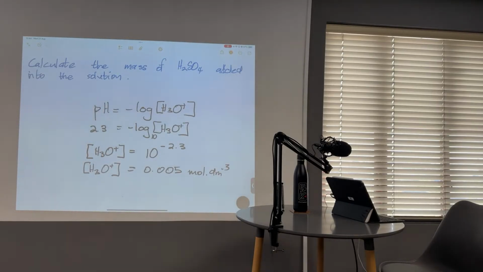You get it? What are we assuming? We are assuming complete ionization. Right? And if it's complete ionization, then it means that sulfuric acid would have given off all of its hydrogen ions. Awesome stuff.